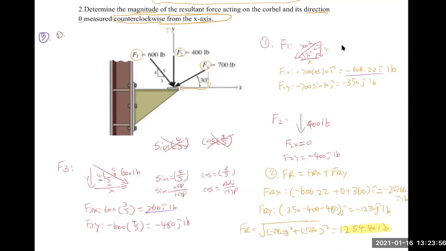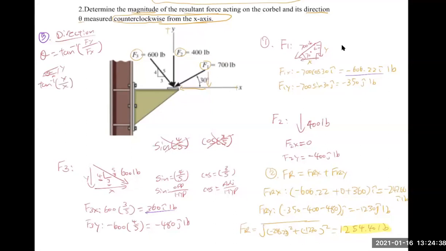Okay, so let's find the direction. We know that the direction measured counterclockwise is going to be equal to tangent inverse of Fy over Fx. That's because we know that if this is our angle theta, tangent inverse is going to be equal to opposite over adjacent, which is y over x.